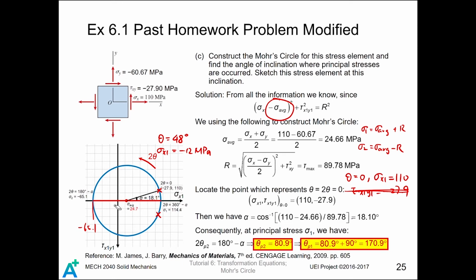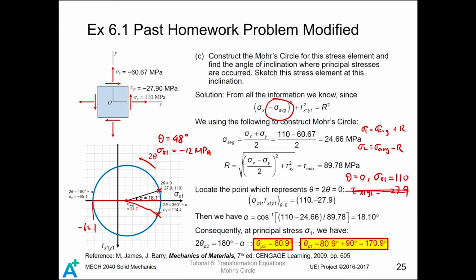However, if we say theta is 0 at this other point, then by rotating 96 degrees, you can see it does not make sense, as sigma x1 is not negative 12.